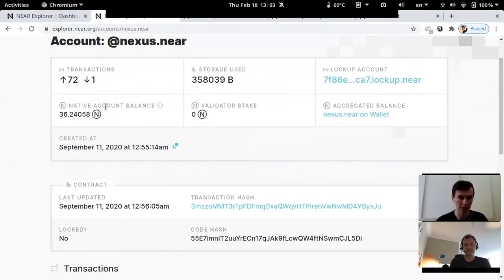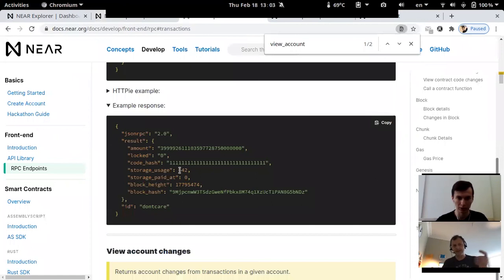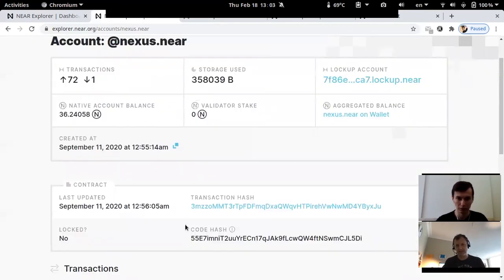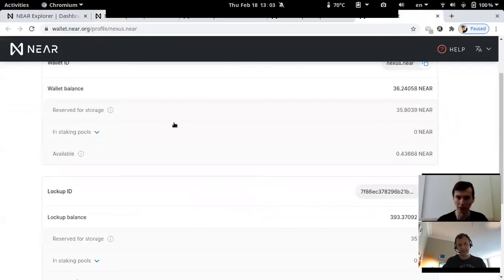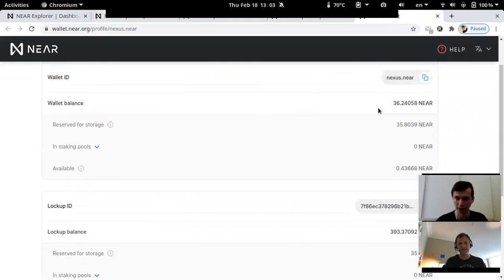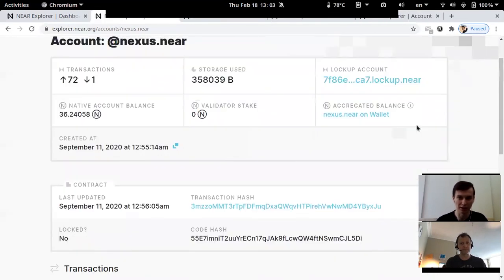And that's why we need to maintain 36 NEAR in this account to offset that. That's what the wallet shows, 360K there. As you can see, 3580739 is exactly the number we see here.